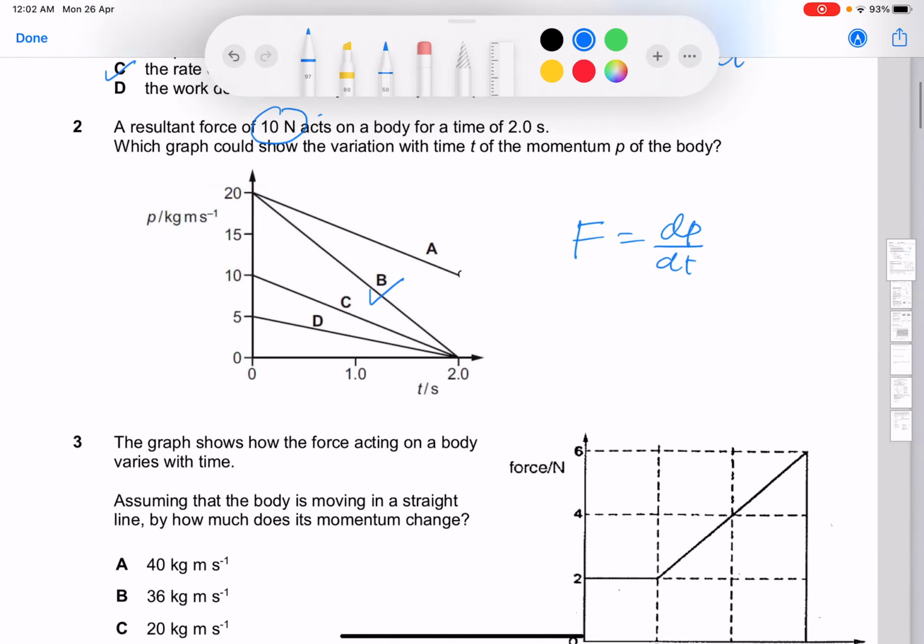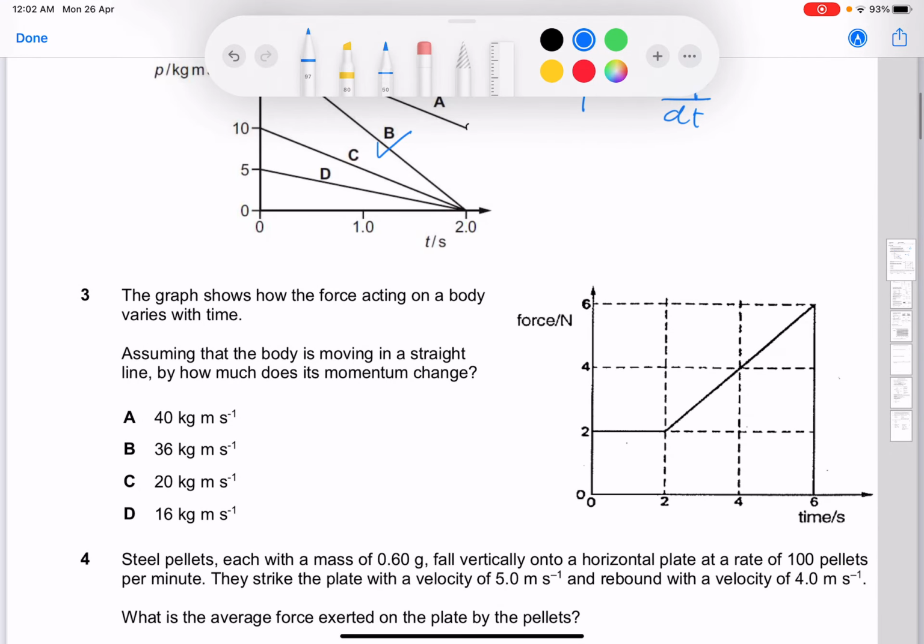Question 3. How much does the momentum change? Given the force time graph, we will be looking at the area under the graph. Why so? Because the area gives me the impulse, and the impulse is equal to the change in momentum.